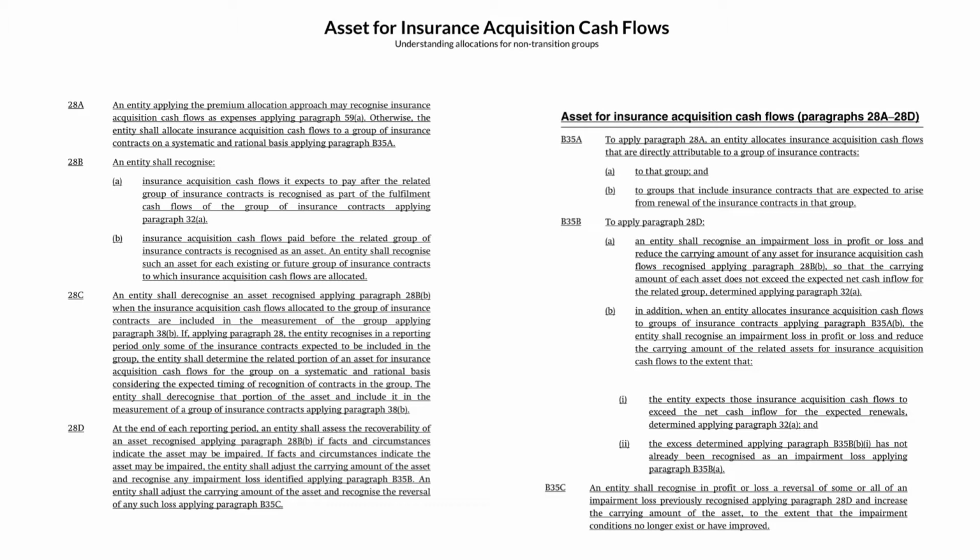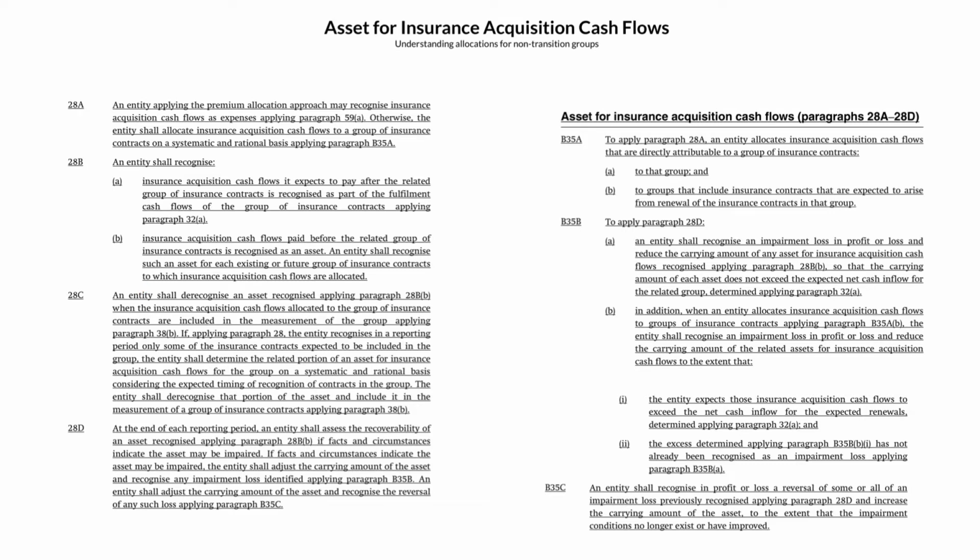However, if you have future renewal groups, i.e. you have insurance acquisition cash flows that you've already paid, but they may relate to a future renewal group, and you haven't yet recognized them because they have not yet incepted, then you must recognize these costs that you've allocated as an asset. Okay, so that's 28B, talking about the groups that you've recognized, what you do to the insurance acquisition cash flows, and the groups that you haven't recognized.